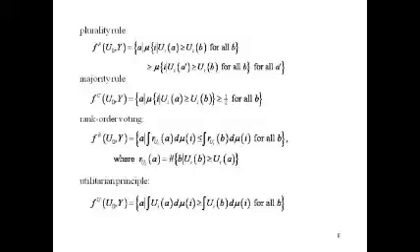Okay, so that's the model, and now we can formally define all of the voting rules that I was talking about before. So this is how plurality rule will look.